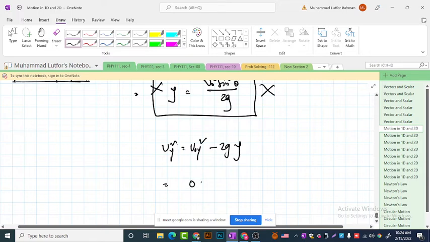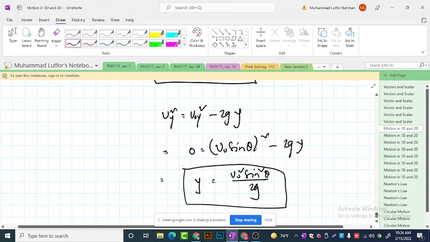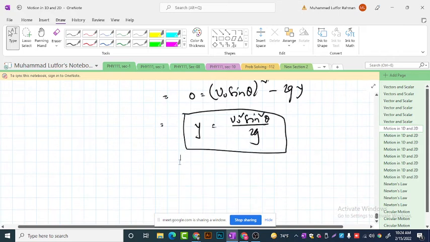Then this is v naught sine theta square minus 2gy equal to 0, so y would be v naught square sine square theta divided by twice g. I can use that equation also to find the maximum height.